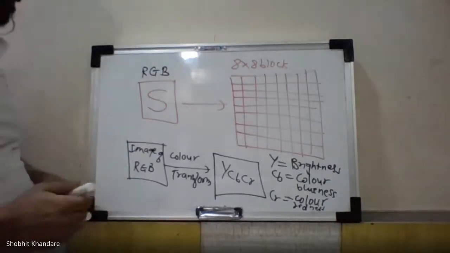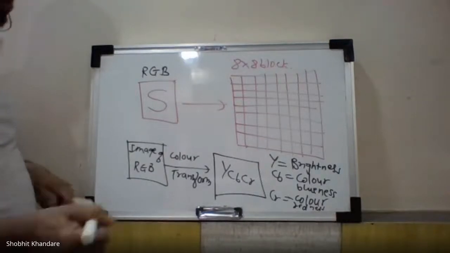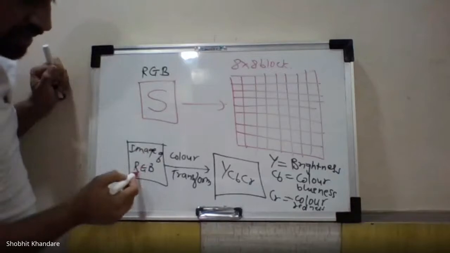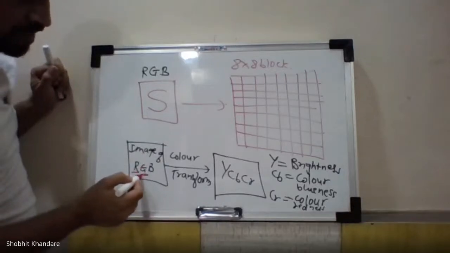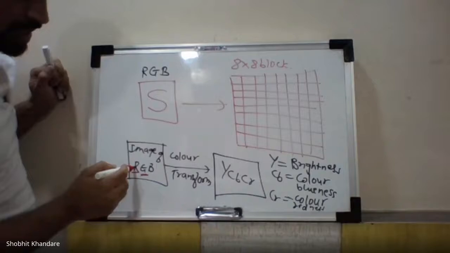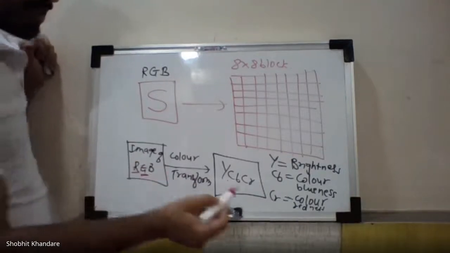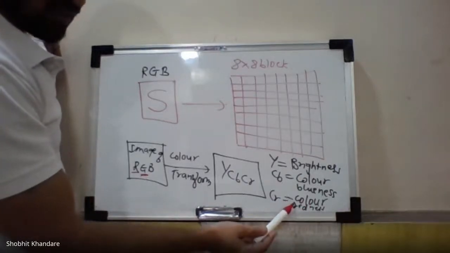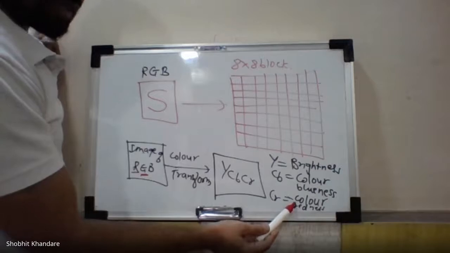So in this RGB, we are seeing the red and green. So R, that is red, is converted into Cr, that is color redness. Color redness, what you have written, the red difference relative to the red color.